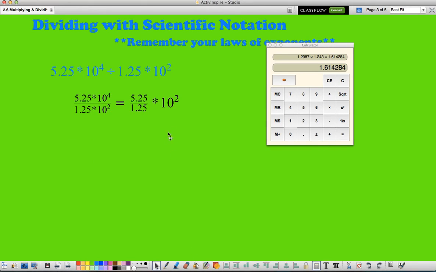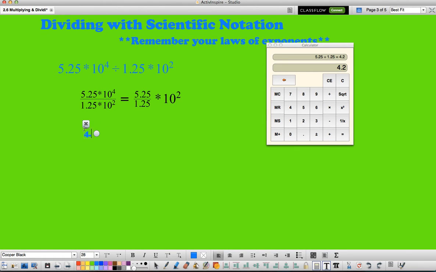Okay. So then now what I can do is I can actually just do 5 and 25 hundredths divided by 1 and 25 hundredths, and I get 4 and 2 tenths. So what I get for a result is 4 and 2 tenths times 10 to the second power. And now I can either leave my answer in scientific notation, or if the problem requires me to expand it to standard form, I move my decimal 2 places to the right, and I get 420.